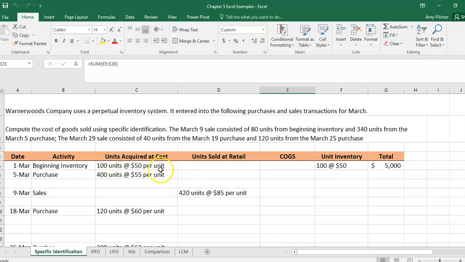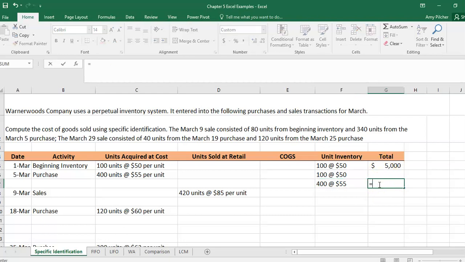So when we start looking at this example, we begin March 1st with 100 units in our beginning inventory. Then we purchase an additional 400 units. That means we have 500 units in our inventory. We have 100 that were $50 and 400 that we just purchased at a cost of $55 each.